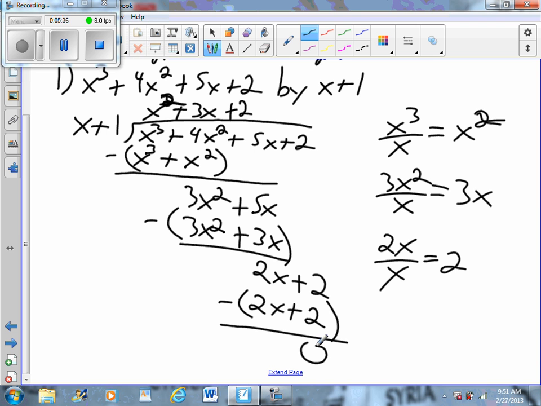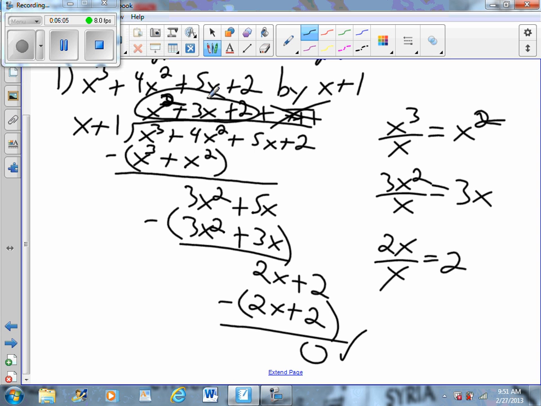And it would be expressed as a fraction, with that number in the numerator and your divisor in the denominator. So you would say plus some number over x plus 1. But that's not the case here because the remainder is 0, which I like in problems, which means x squared plus 3x plus 2 is the answer. Okay?